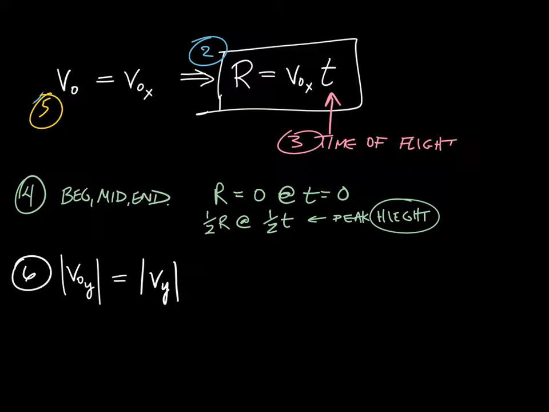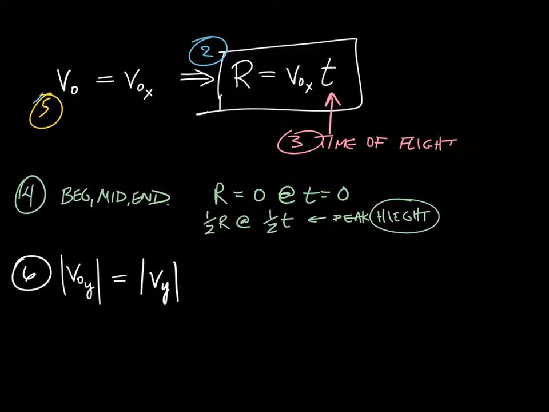Why aren't they perfectly equal? Why isn't the initial y speed of a projectile perfectly equal to the final y speed of a projectile? Vector, think vector. I just told you their magnitudes are the same. What's not the same?